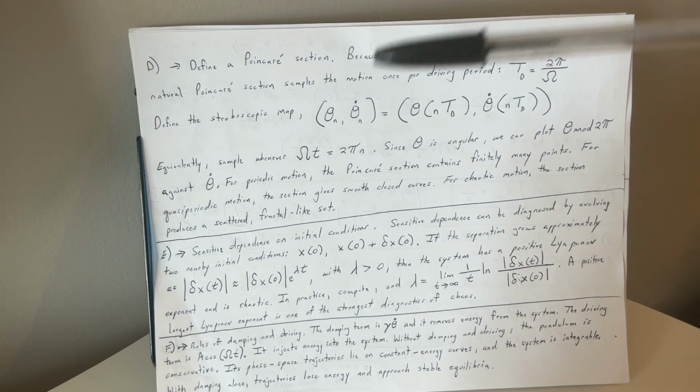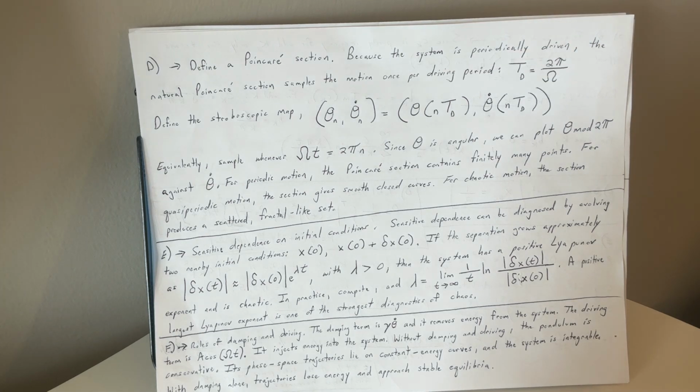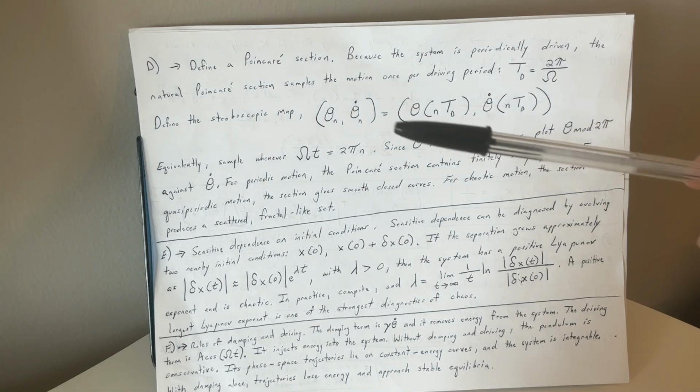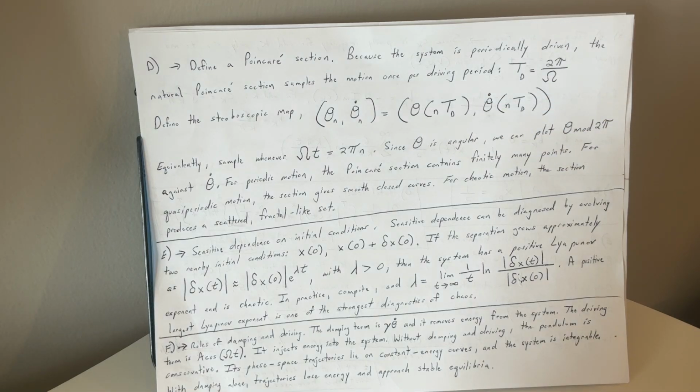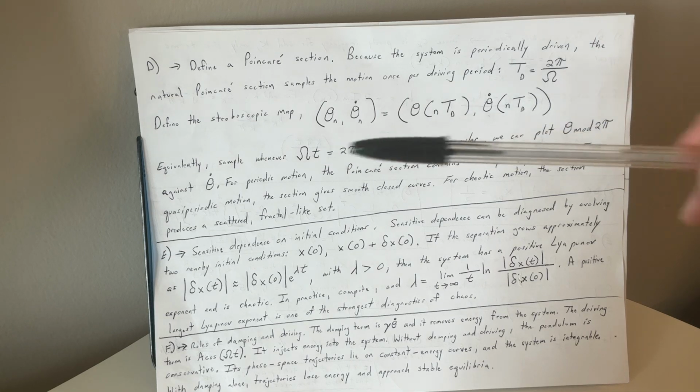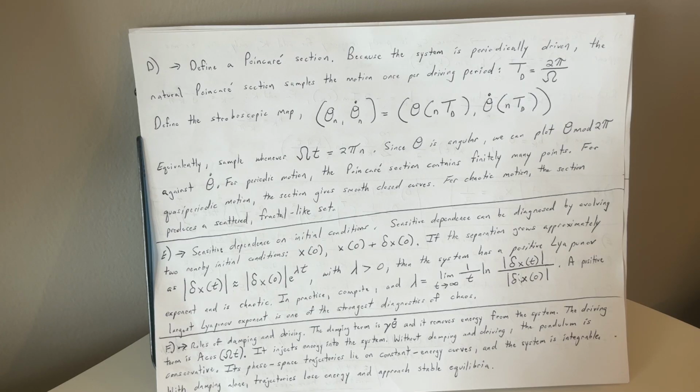And we define the stroboscopic map: theta sub n, theta dot sub n equals theta of n T sub d, theta dot of n T sub d. So equivalently, sample whenever capital omega t equals 2 pi n. And since theta is angular, we can plot theta mod 2 pi against theta dot.